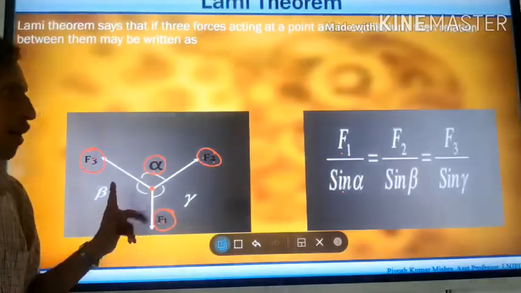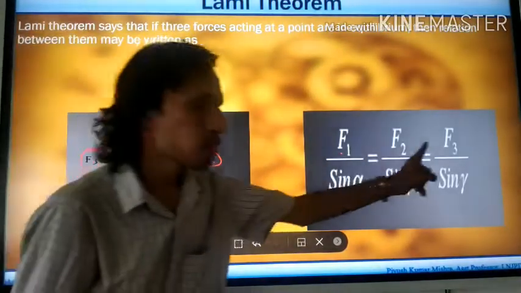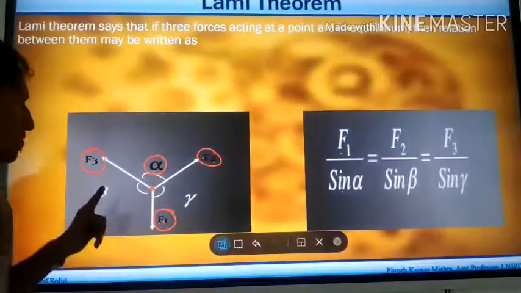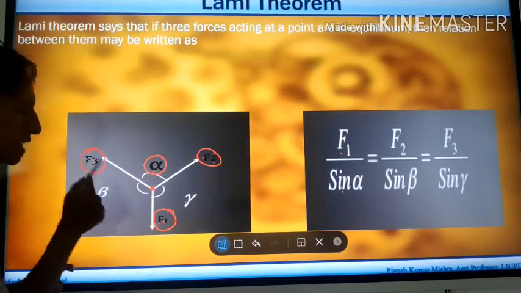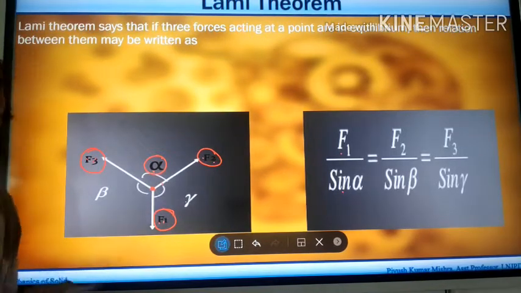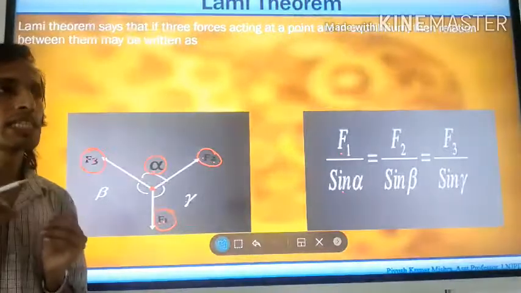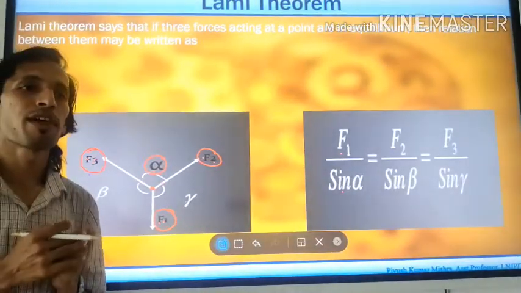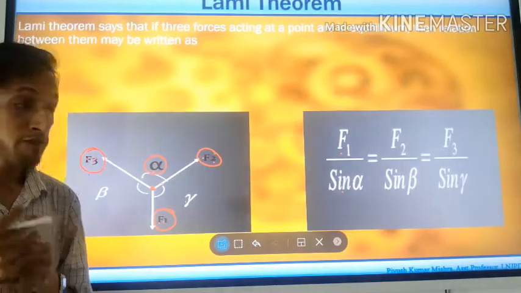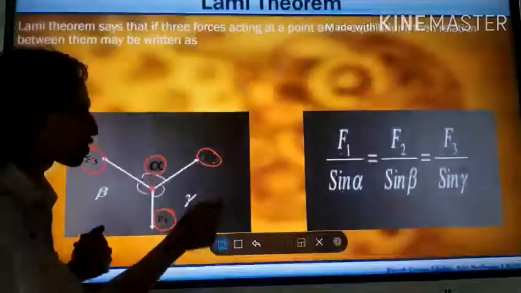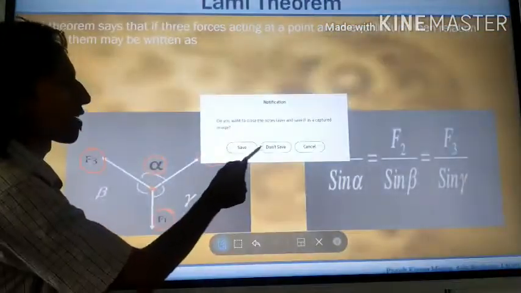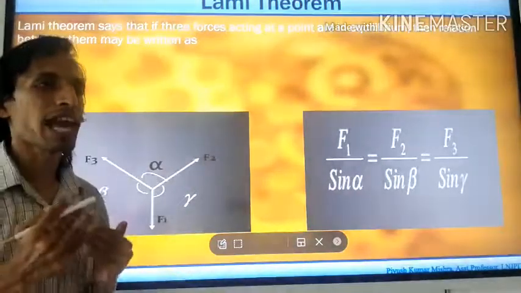This fraction is also equal to F3 divided by sine of gamma, the angle opposite to the force. So Lami's theorem will become very handy when you want to solve a truss with very short calculation.